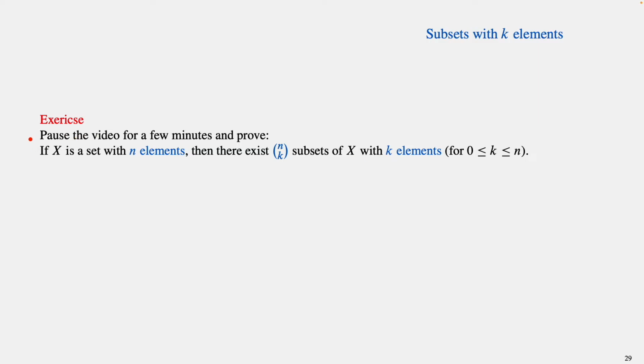And as an exercise for you, pause the video for a few minutes and prove that if X is a set with n elements, then there are n over k subsets of X that contain k elements, where k runs from 0 to n.